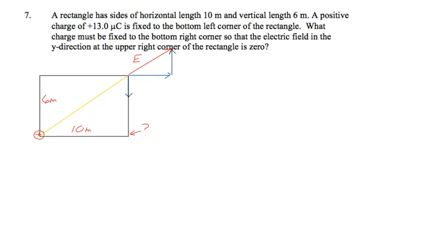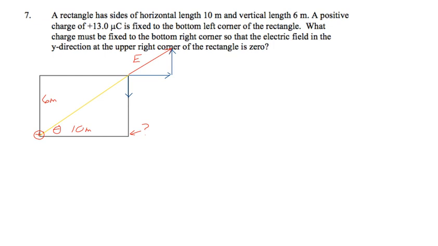I'm going to get that angle by using the inverse tangent, because I know the opposite side and I know the adjacent side. If I know the lengths of these 2 sides, I can solve for that angle. And if I know that angle, I'll know the angle up there. So let's take care of that first.